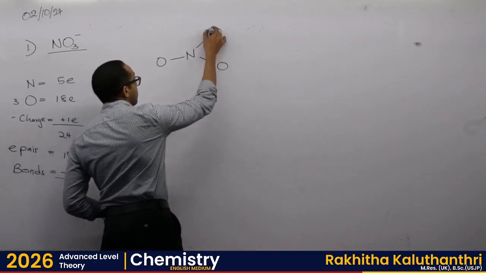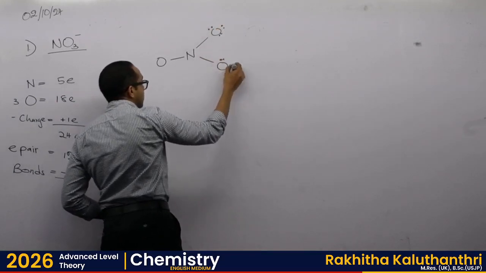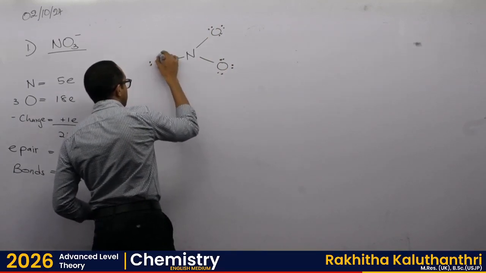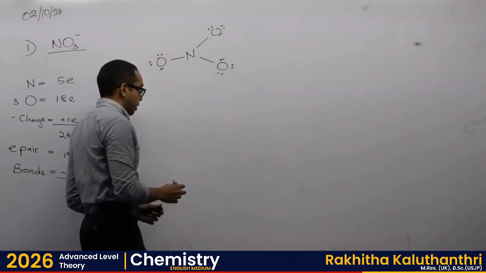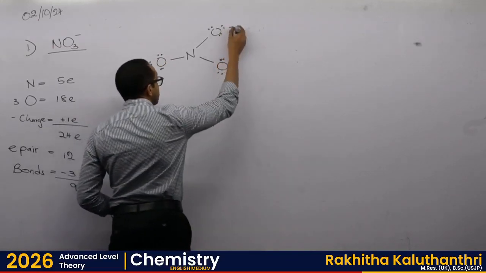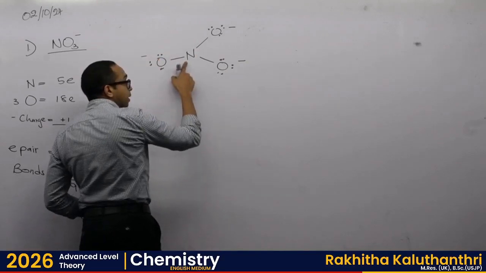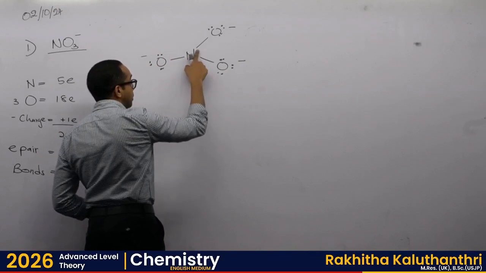So I know I need to complete octet around oxygen. So then I put like this. So now the octet is completed. But if you take a look at the formal charges, each oxygen is 1 minus in charge. Nitrogen should have 5 electrons around it. However, there's only 1, 2 and 3 electrons.